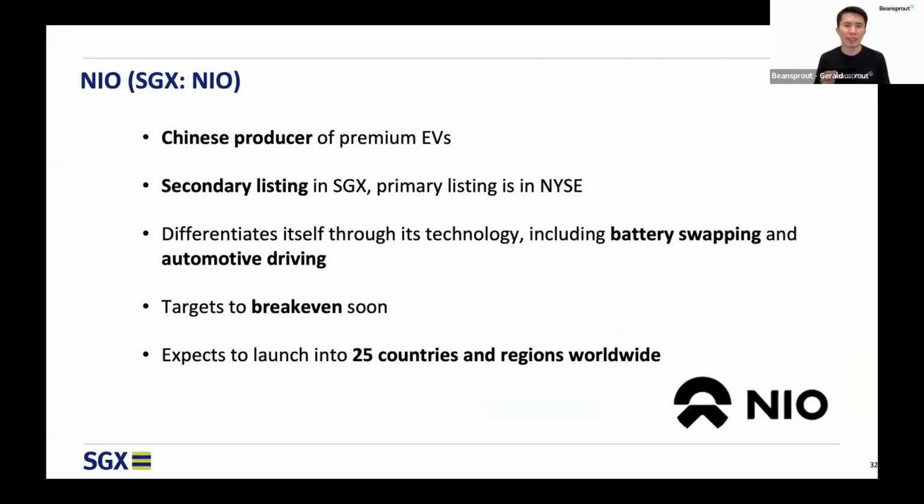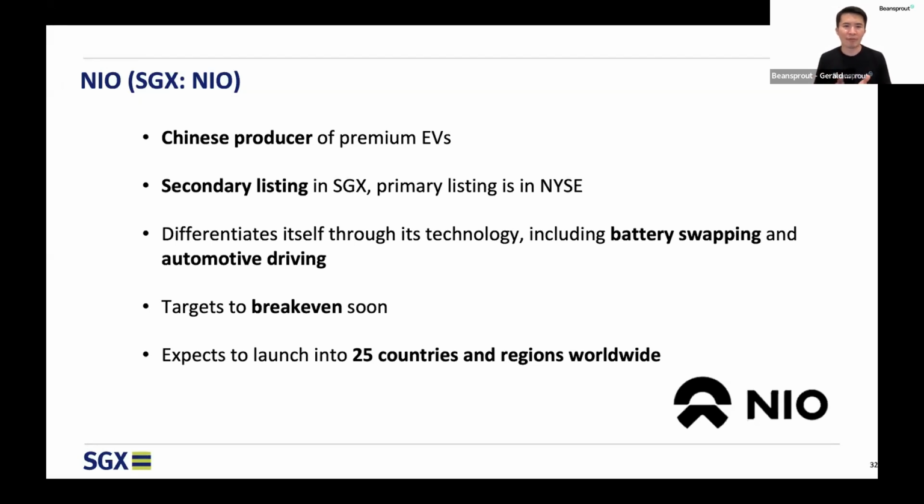So the keyword here is to focus on premium, because you might be wondering, oh, how come it doesn't produce as many EVs compared to Li Auto, compared to Xpeng, compared to BYD? And the key reason is because they focus on the premium segment. So because the average selling price is higher, they do not manufacture as many EVs on a monthly basis.